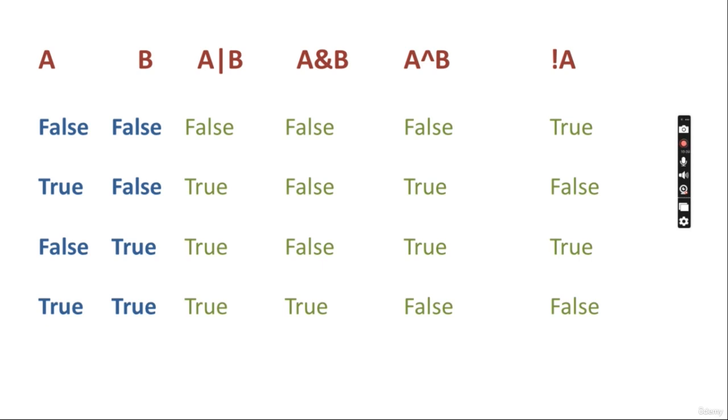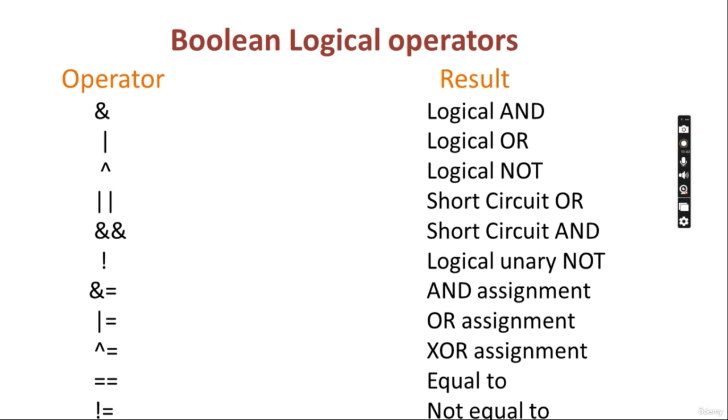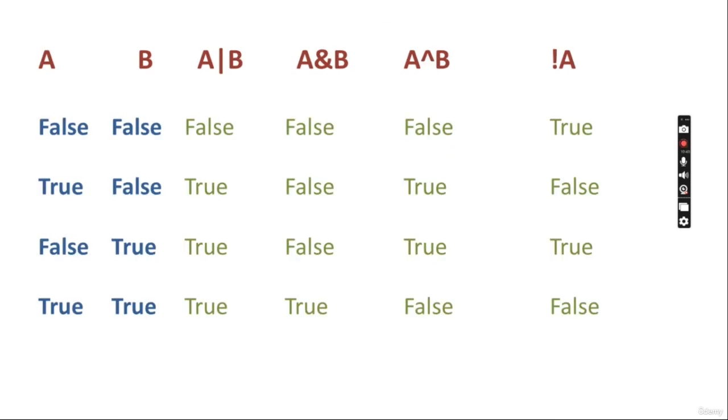So A logical or B will give me true, A logical and B will give me false, A XOR B will give me true, and not A will give me false. If A is false, B is true, A or B will give me true, A and B will give me false, A XOR B will give me true, and not A will give me true.